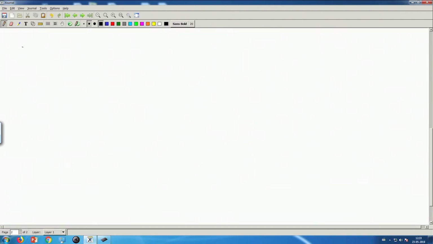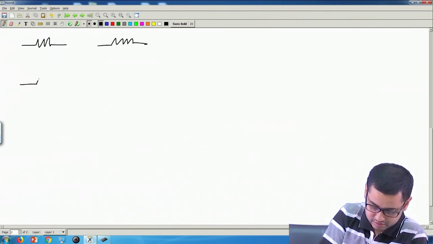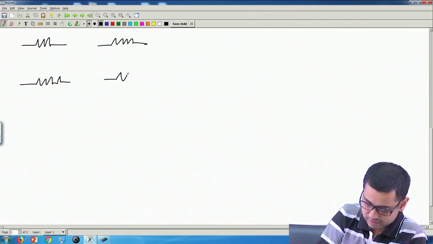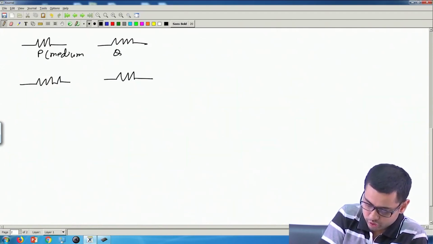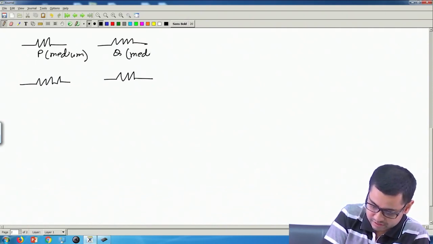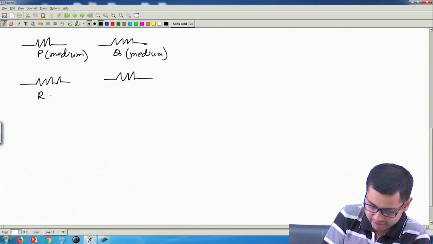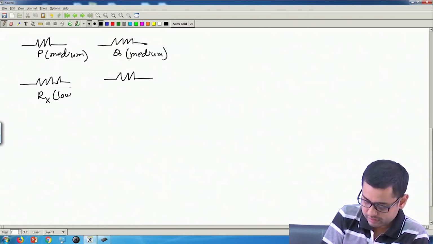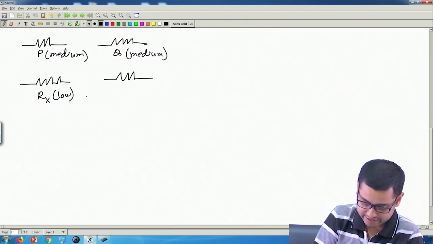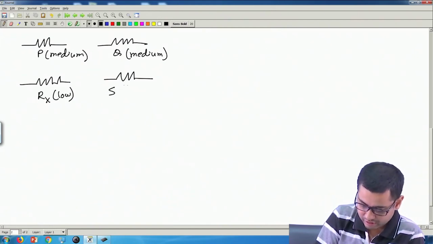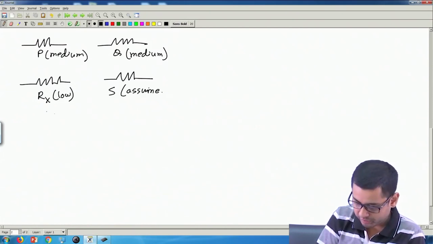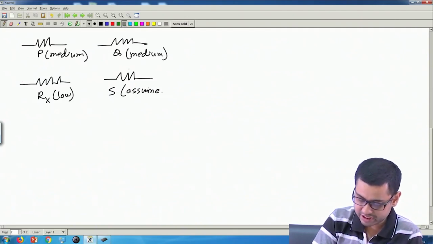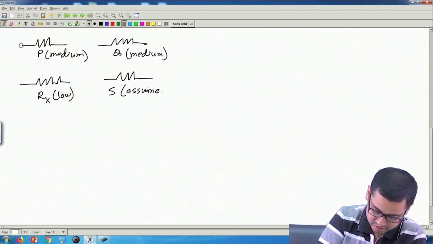If so, let us draw the four resistances. P medium by choice, Q medium by choice, Rx is low, because we are measuring a low value resistance, we have no choice, and S we assume is also small. Now, we have to form the bridge by connecting these four resistances with wires to their terminals.